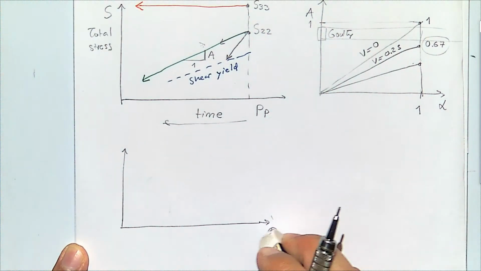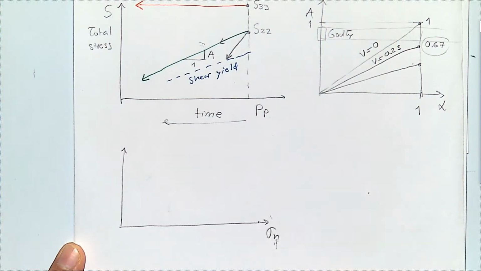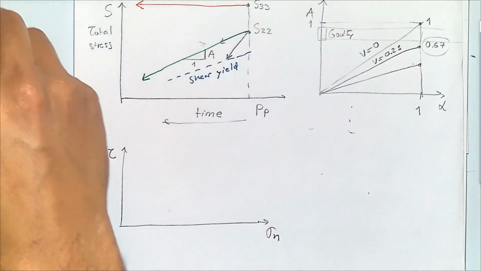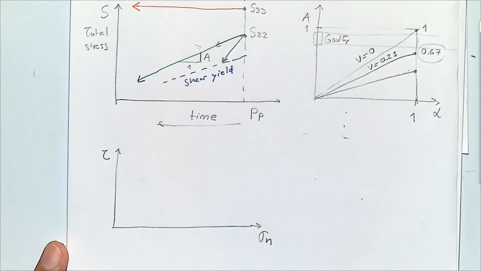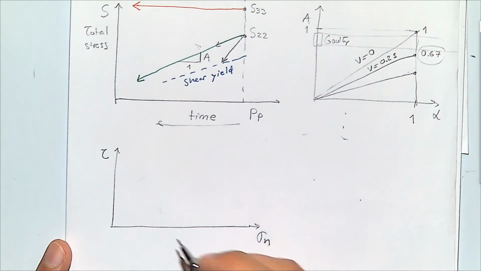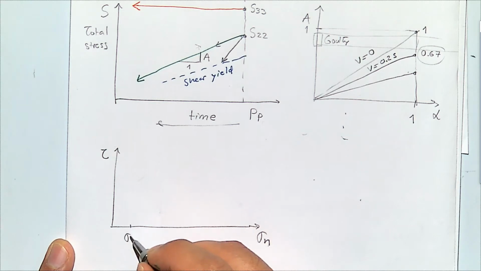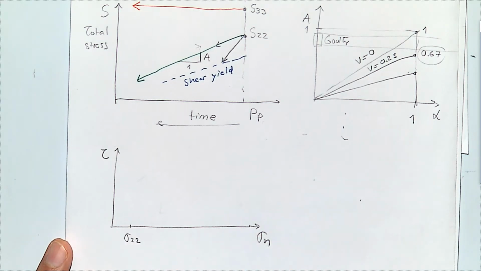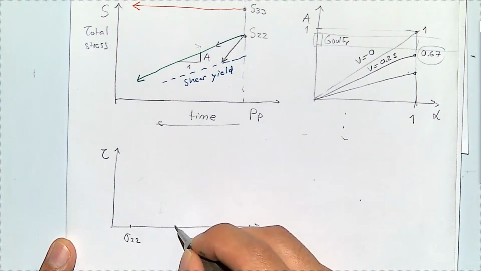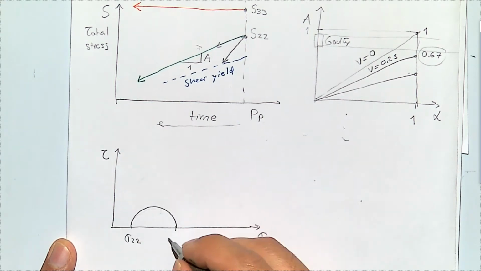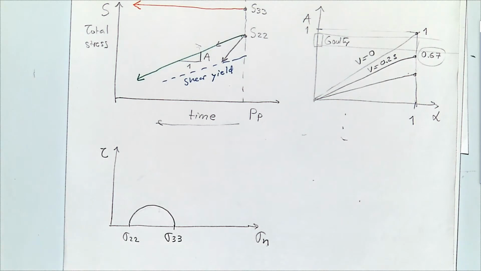Where this is sigma n, this is the shear stress, and for exactly the same problem, let's say that we start with a horizontal stress sigma 22, and with a vertical stress which we said was larger, sigma 33. This is going to be our Mohr circle.